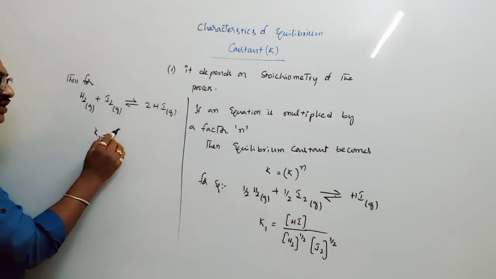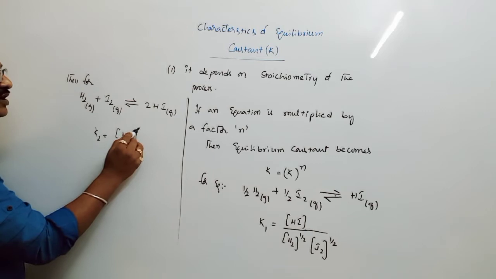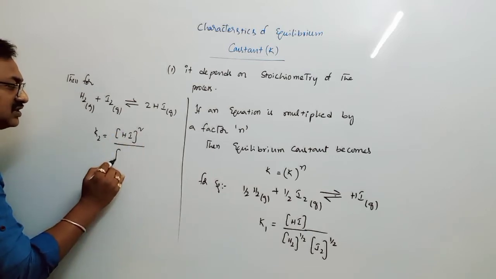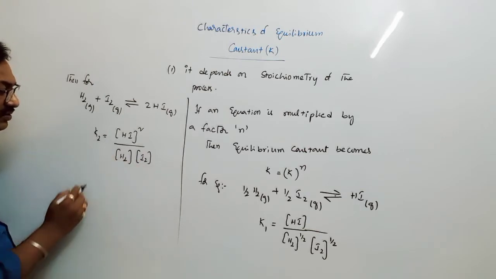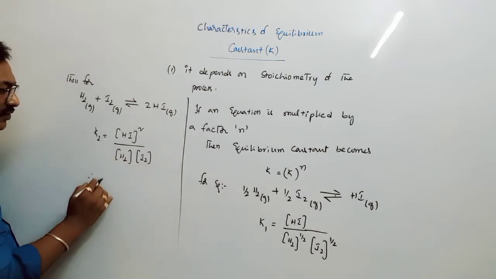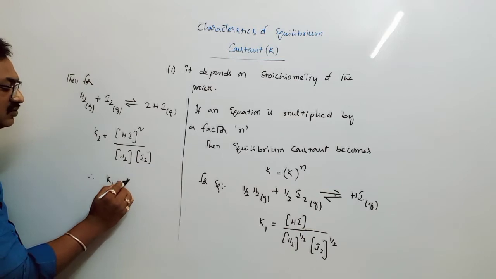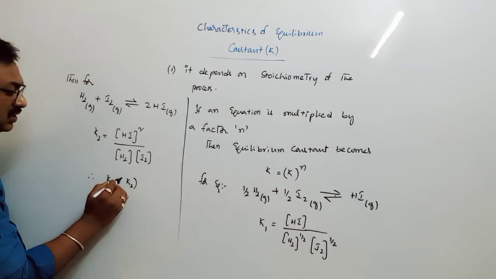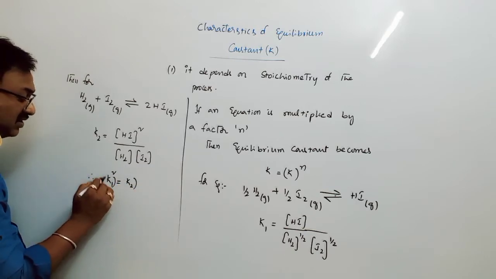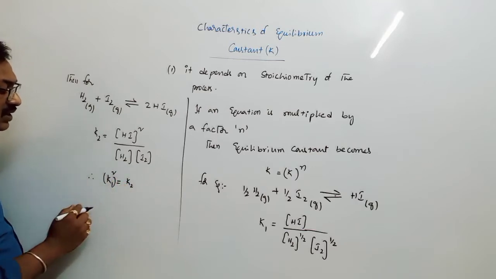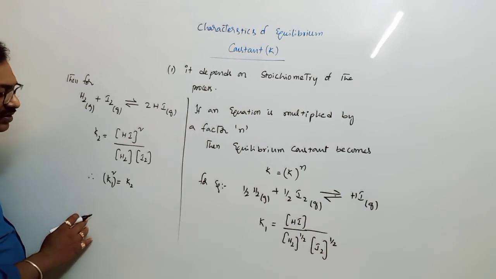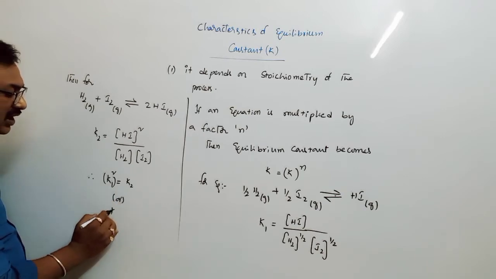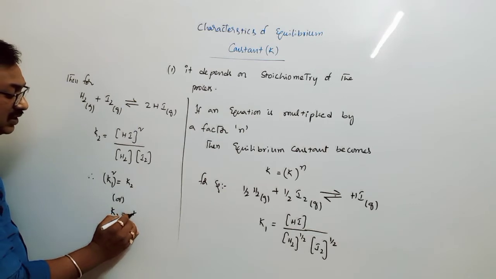Then K2 is equal to concentration of HI whole square by concentration of H2 into concentration of I2. Therefore K1 square is equal to K2. Are you getting it? K1 square is equal to K2, or K1 is equal to root over K2.